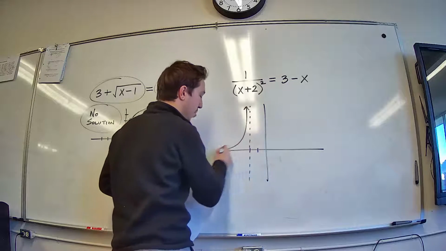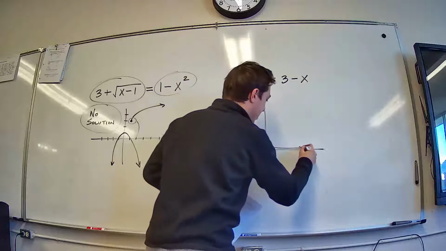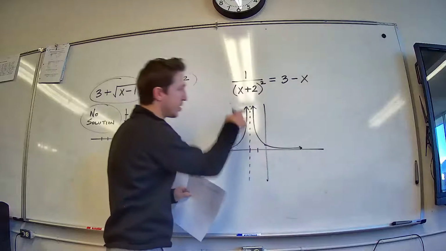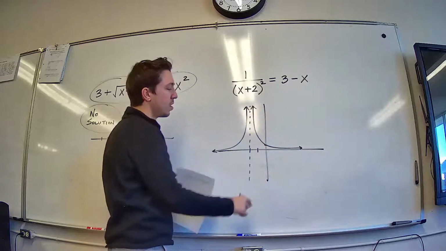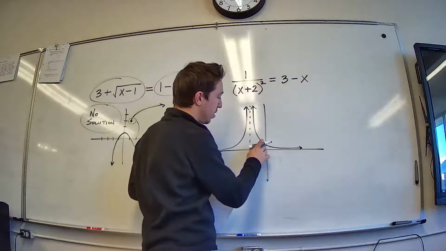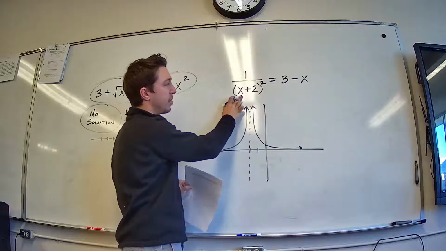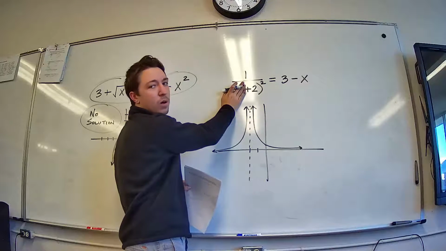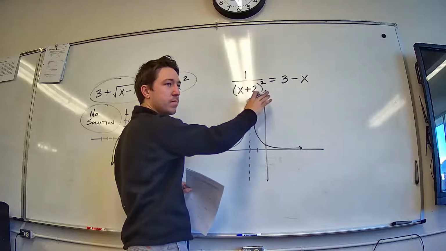The graph doesn't have to be super duper precise, but you should take into consideration some minor things like, for example, where does this guy cross the y-axis? It's not 1. 1/2's closer. If I plug a 0 in there, what do I get? 1/4, right? 1 divided by 2 squared.